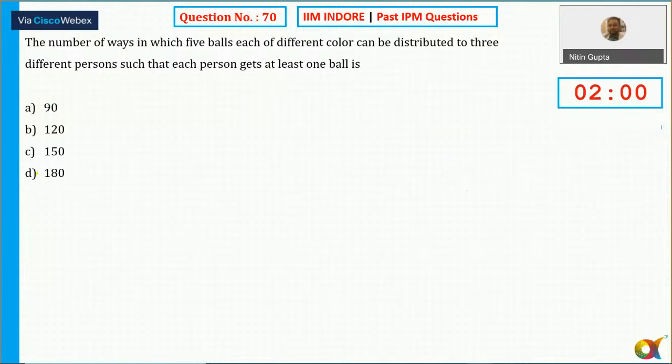Okay guys, now try to solve this question. Very, very interesting question. Question number 70. Okay, your timer starts now.